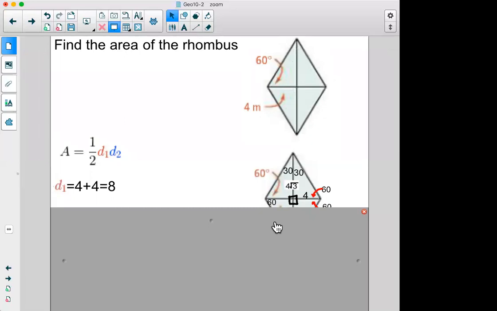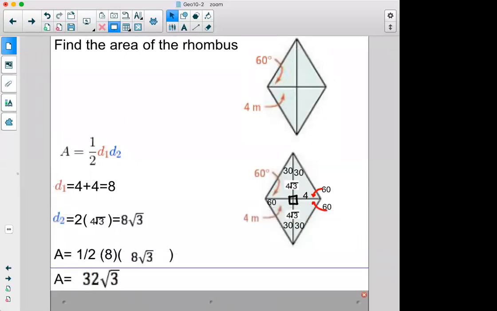And so we use our 30, 60, 90 triangles. And we say that if this side is 4 and it's across from the 30, it's the short leg, across from the 60 would be 4 root 3. And then we double it to get the whole diagonal, 8 root 3. Once we have both our diagonals, we can put it into our formula, area equals half diagonal times diagonal, to get our area.